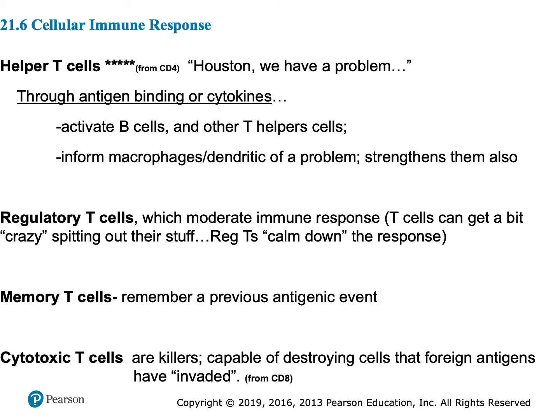He might help activate a B cell. He might help activate another T cell. He might sprinkle some cytokines on macrophages or dendritic cells and make them stronger. Now, yes, macrophages and dendritic cells can also, it's a two-way street. They might help the helper cells so that they can get activated too, the first time they meet their antigen.